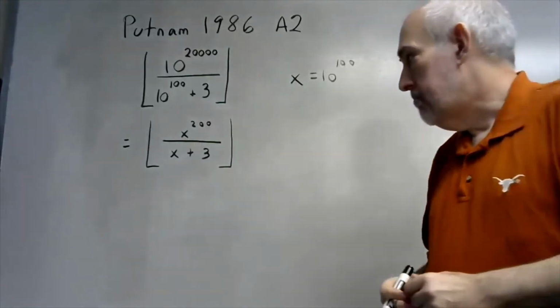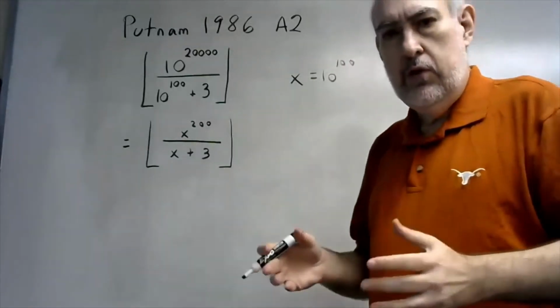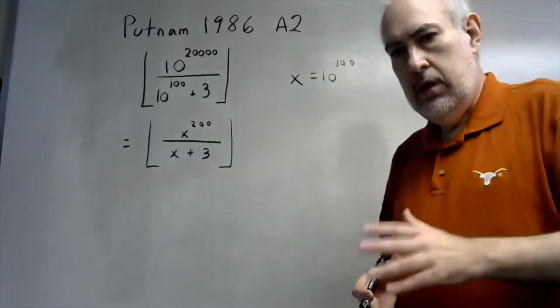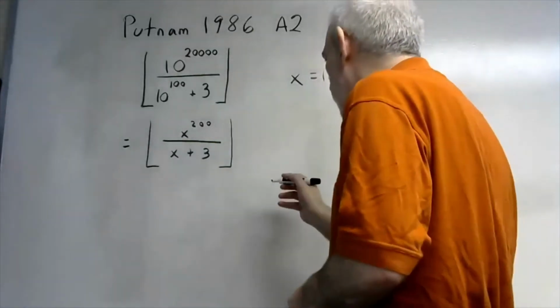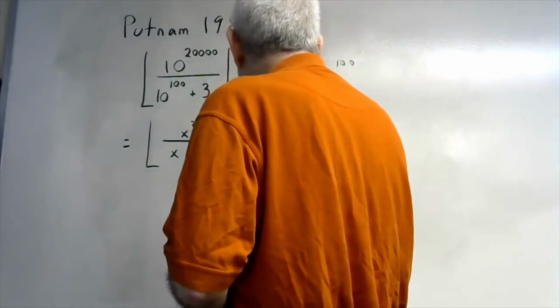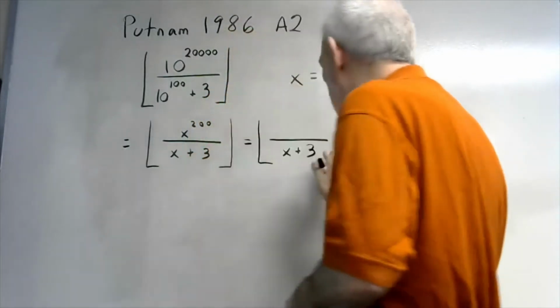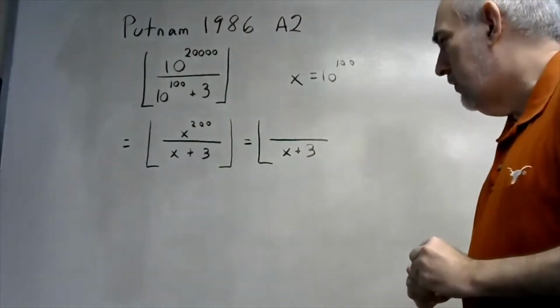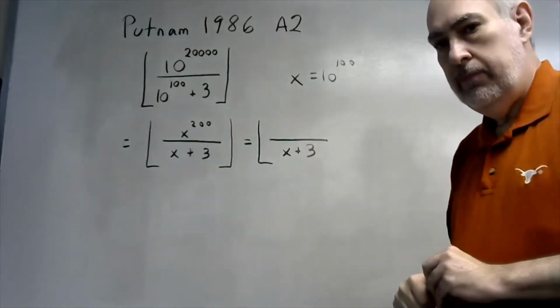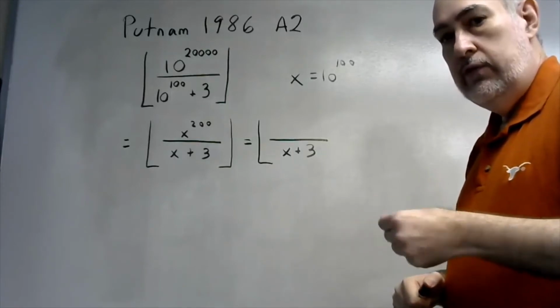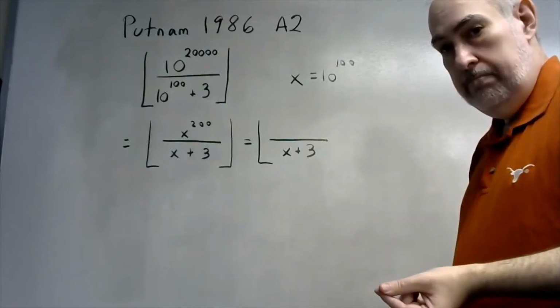Okay. Next, I guess you could do maybe some sort of long division of polynomials, but I'm going to do a little trick here. Now, I want to change the top so that it's going to be divisible by x plus 3, or in other words, so that the top is equal to 0 when x equals minus 3.